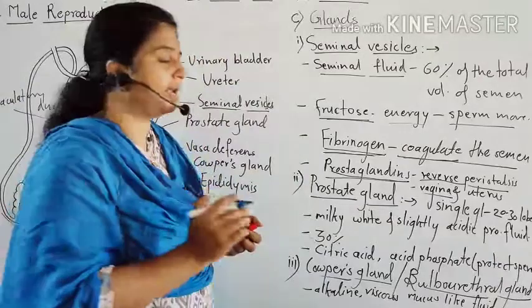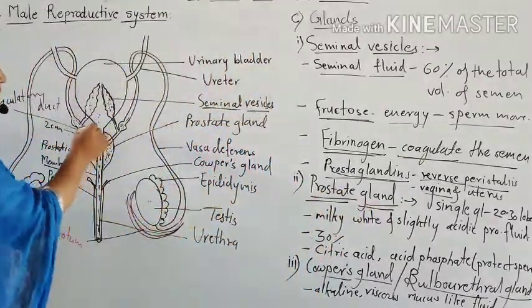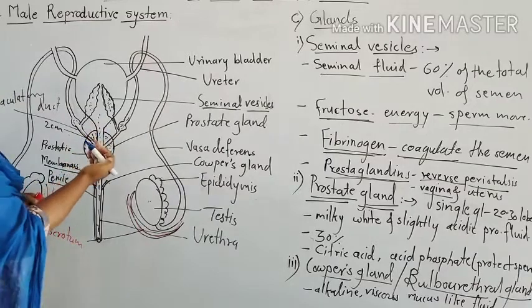Then the second gland is the prostate gland. The prostate gland is present below the urinary bladder, on the posterior side.